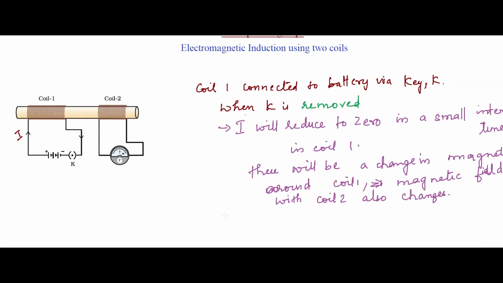What happens if there is a magnetic field that is changing around a conductor or a coil? It will induce an EMF. That is known as induced EMF, the phenomenon known as electromagnetic induction. So here also induced EMF will be produced, and a current will flow in the coil 2 circuit.